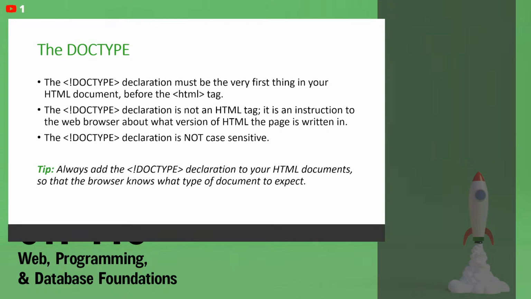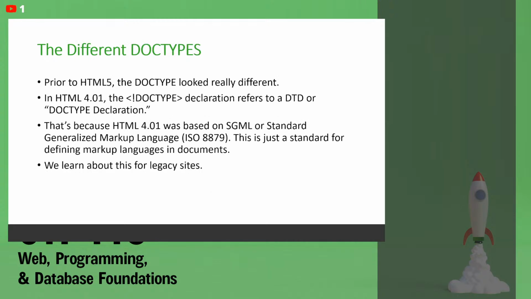And our doctype used to be an even bigger deal than it is now. HTML5 ushered in a new age of the doctype, which made our lives a whole lot easier. Before HTML5, about 10 or 12 years ago, we had HTML4, and HTML4 made things a lot more difficult.